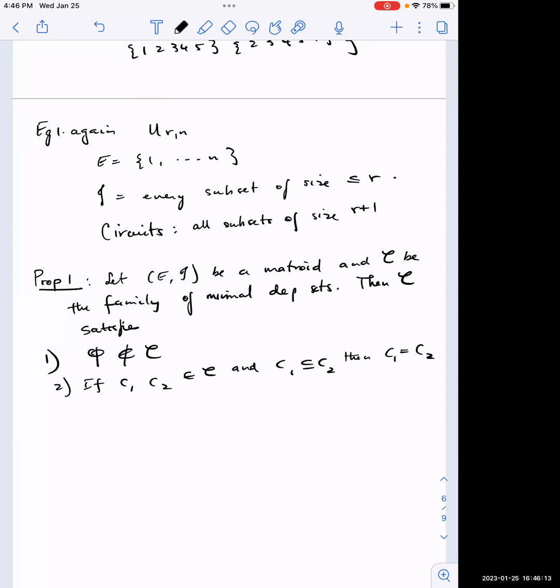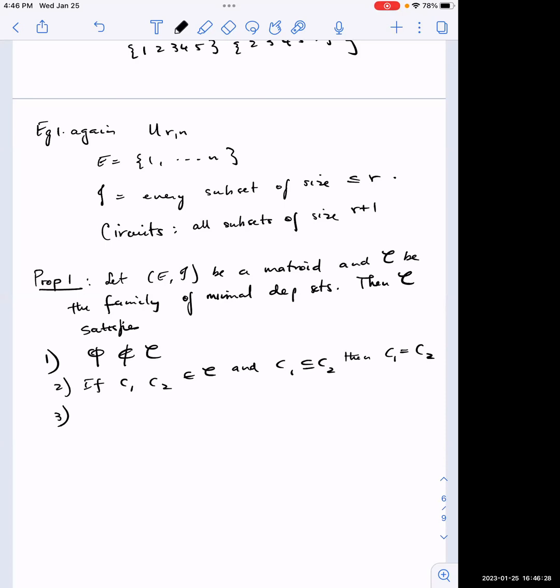Okay, and the third one, the first two are fairly obvious, as in think cycles in a graph. You can't have one cycle contained in another, right? So if you have one cycle contained in another, then they're equal.